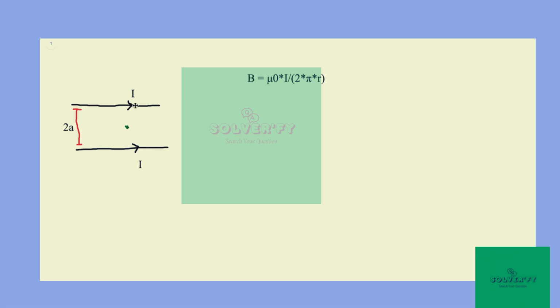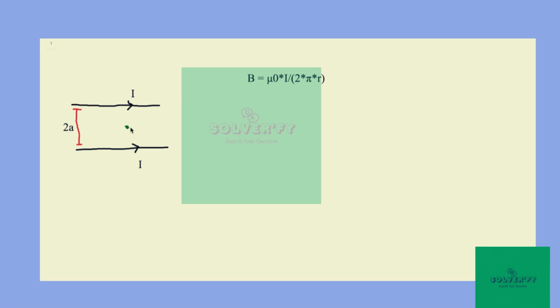So now we have to consider the direction. So using the right-hand rule, for the top wire, if we point our thumb in the direction of the current to the right, then at this point P right in the middle, our fingers are going to curl into the board. So the top wire will produce a magnetic field that's into the page at this point. Doing the same thing for the bottom wire, if we point our thumb in the direction of the current to the right, then at this point here, our fingers are going to be pointing out of the page.